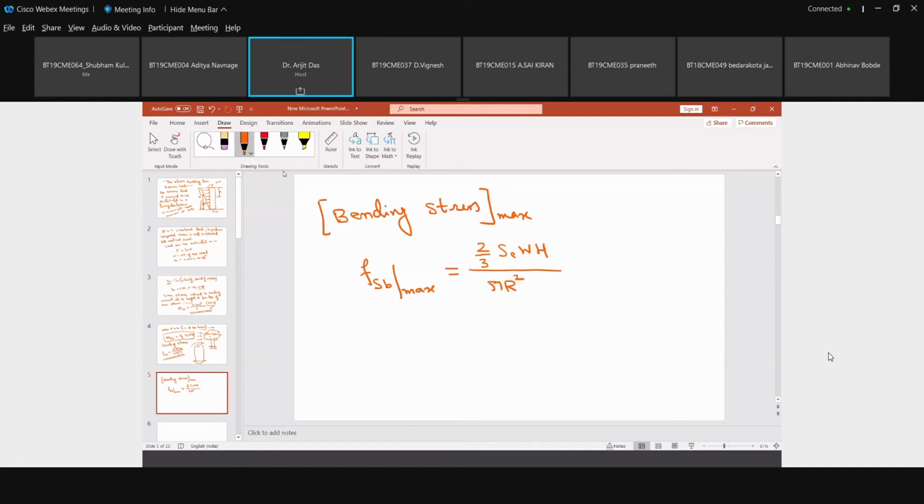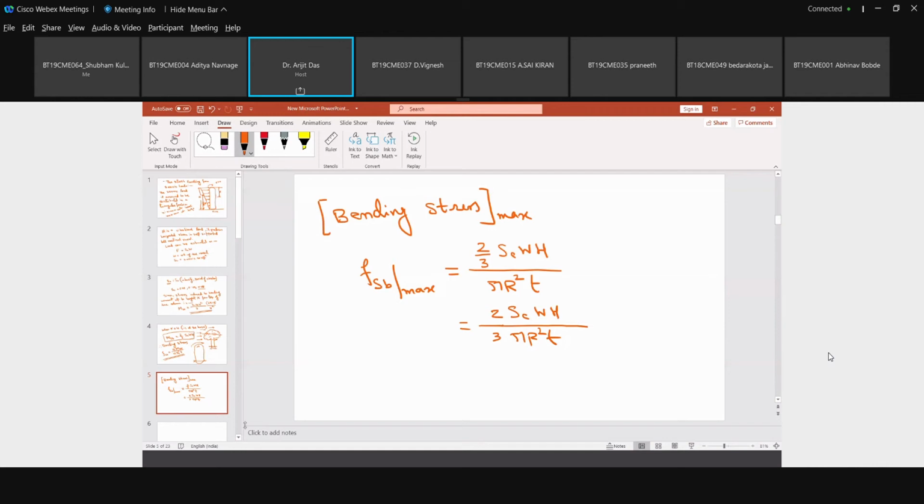On simplification, it will be two-third of SCWH over pi r square t. So this is the maximum bending stress due to the seismic load.